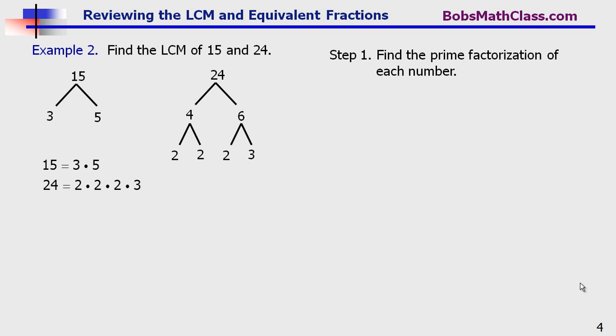But I'd always like to list it in a row form. So 15 is 3 times 5, 24 is 2 times 2 times 2 times 3. If I go too fast, make sure you just pause the video and keep writing until you've caught up.